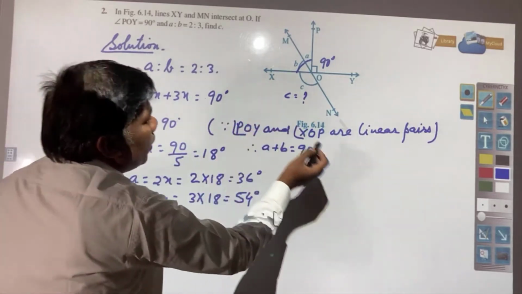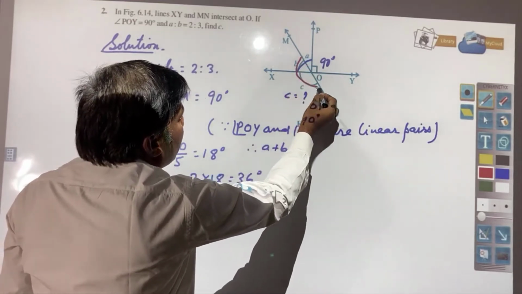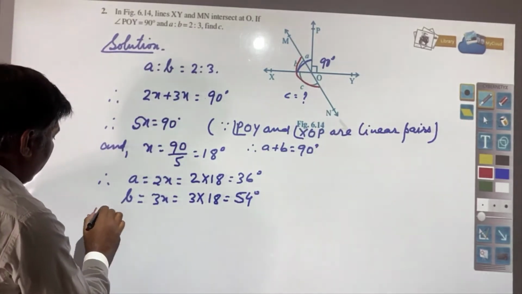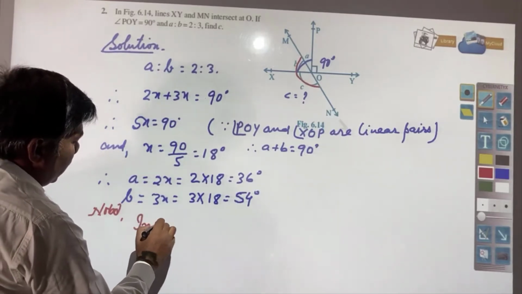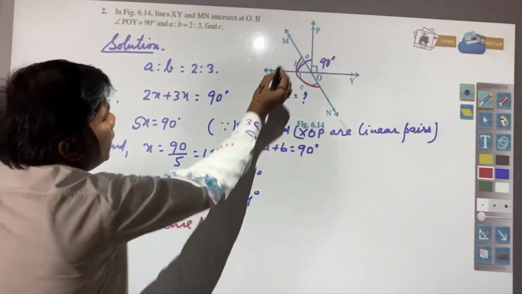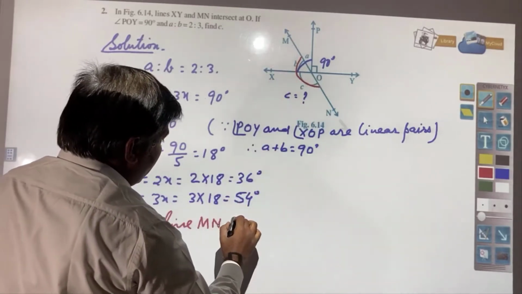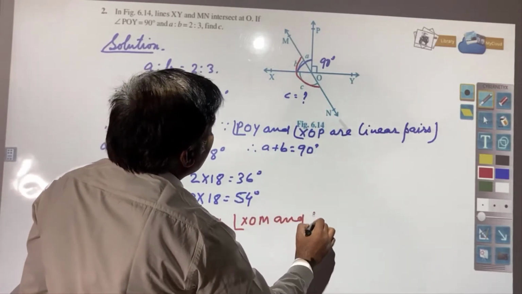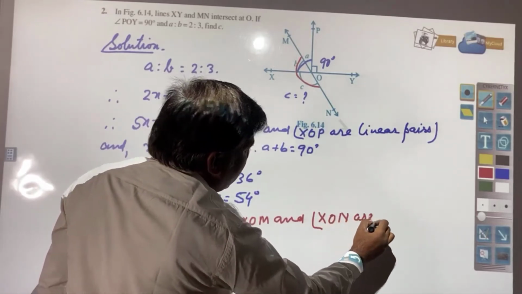So now here you see this line is MN. In line MN, angle XOM and angle XON are linear pairs.